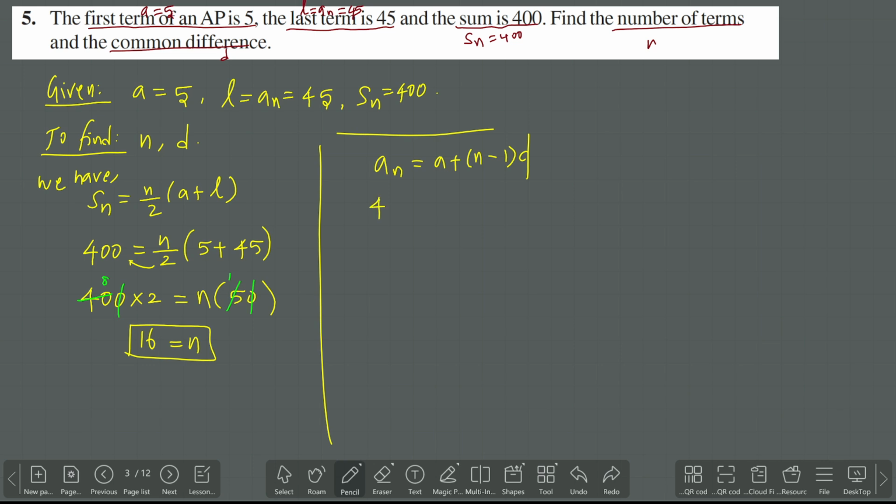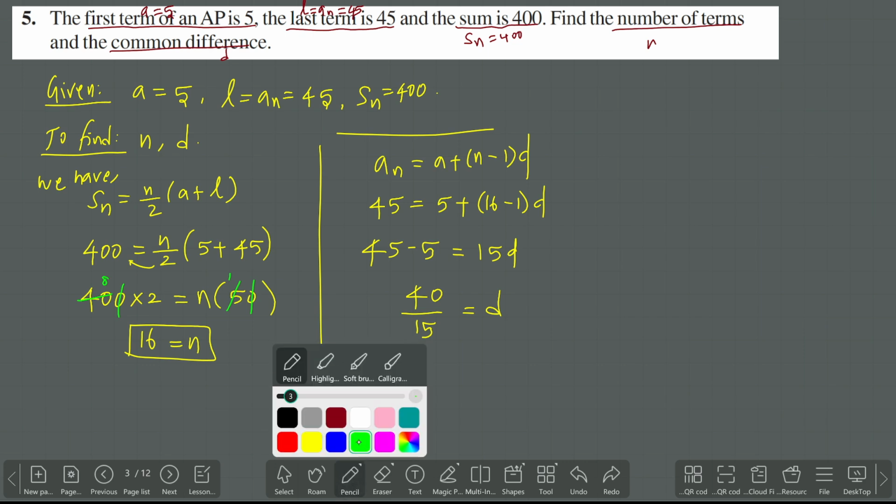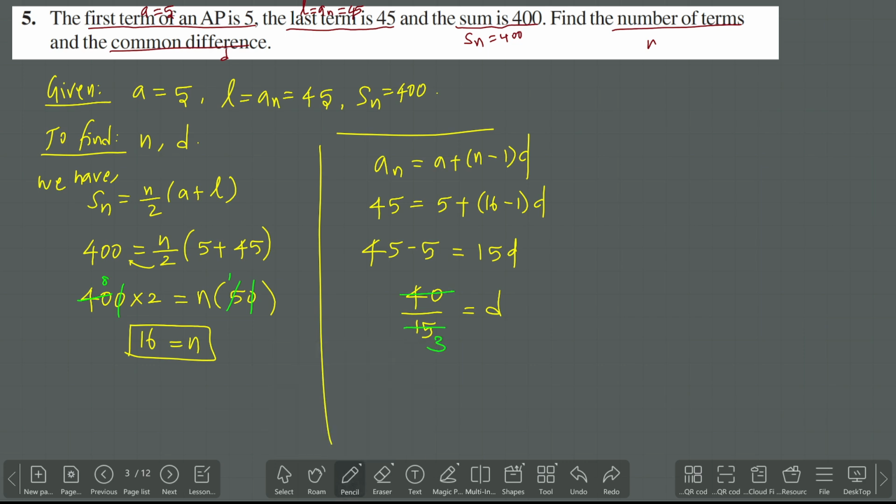They gave an as 45. a we know, 5. n value 16, so minus 1, into d. 5 you bring opposite, so 45 minus 5 equals 15d after subtracting. What am I getting? 40. Multiply by 15; when you send it opposite, divide by 15, which is equal to d. Yeah, we can cancel this, right? What is that? The 5 table. So 3 5s are how many? 8 5s are 40. Right.